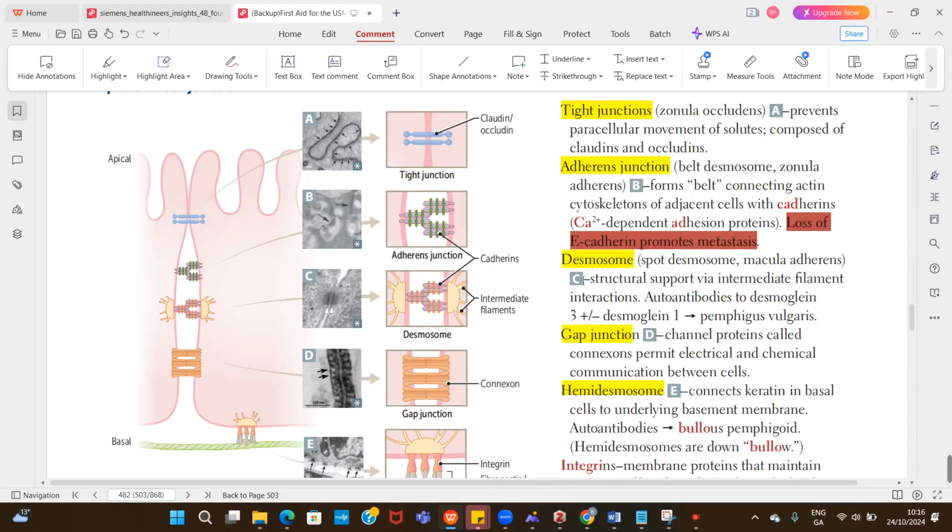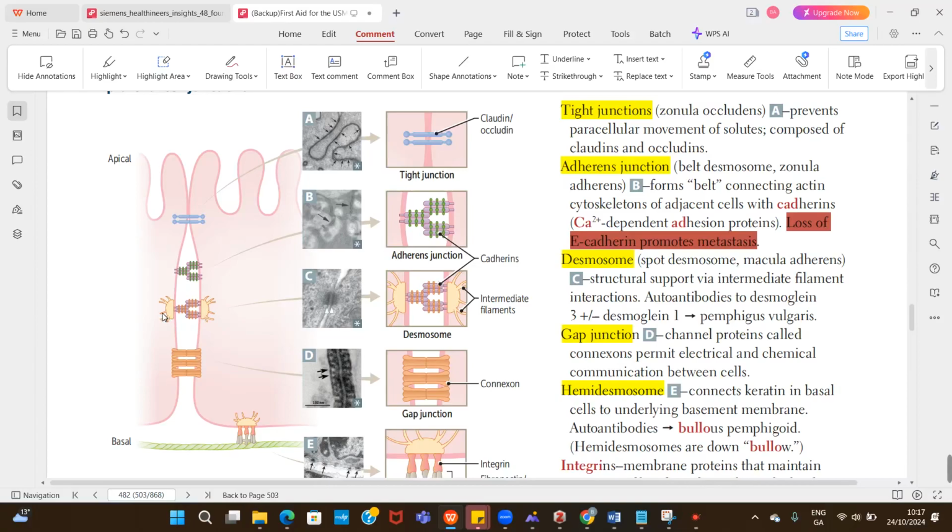The next is the desmosome. So desmosome is also a form of attachment, just like adherens junction, but the only difference is that desmosome doesn't connect actin to actin. Desmosome, just like adherens junction, also uses your cadherin protein for its attachment, but it rather attaches your keratin to keratin.